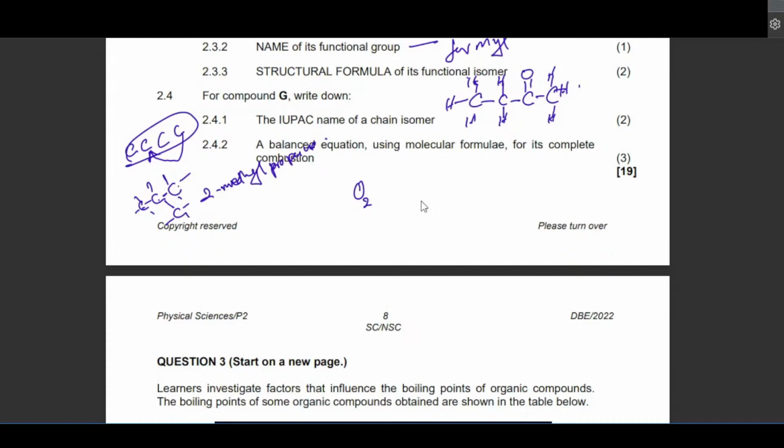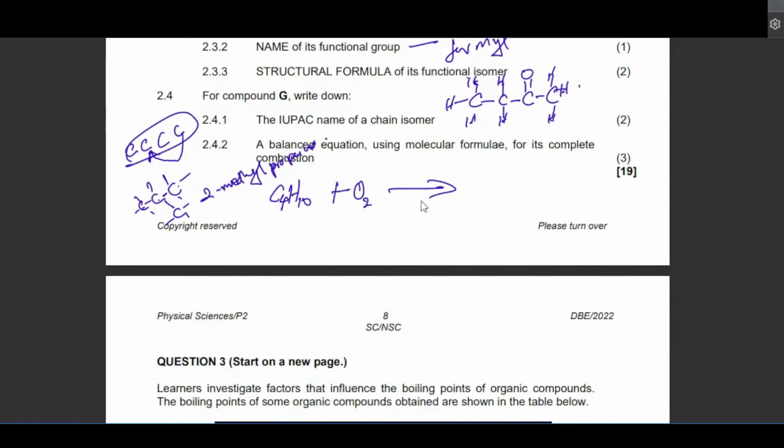Now let's count it. 1, 2, 3, 4, so it's going to be C4. How many hydrogens? 1, 2, 3, 4, 5, 6, 7, 8, 9, 10. So the hydrogen is going to be H10 plus oxygen. That is the combustion which is happening.